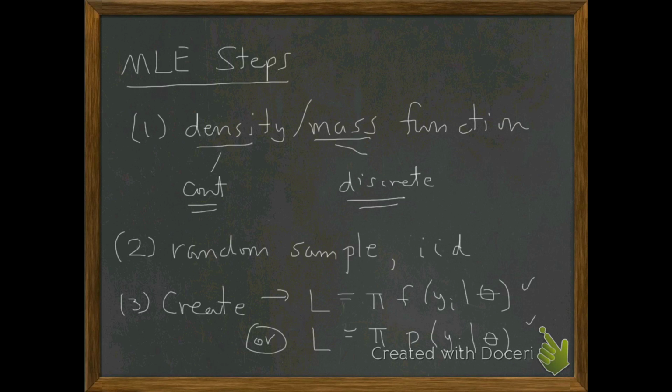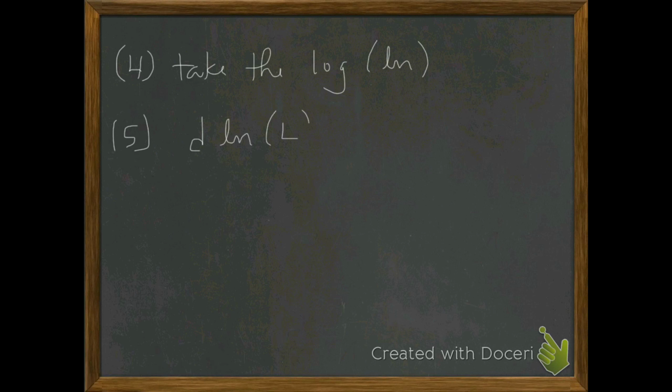The fourth step, how have I got here? Okay, the fourth step. Take the log. Yeah, that's what I mean when I say take the log. Take the natural log. You're ultimately going to take the derivative of the natural log with respect to theta, set it equal to 0, and obviously you're going to solve for theta.